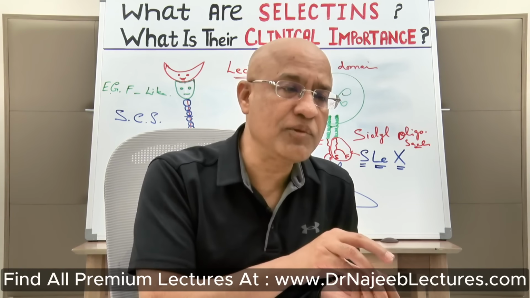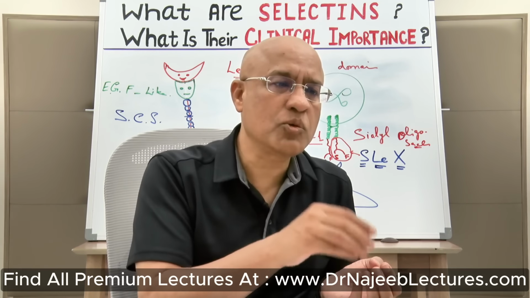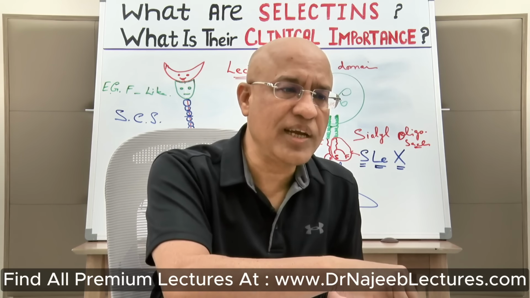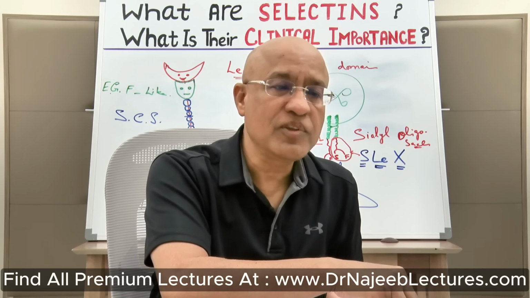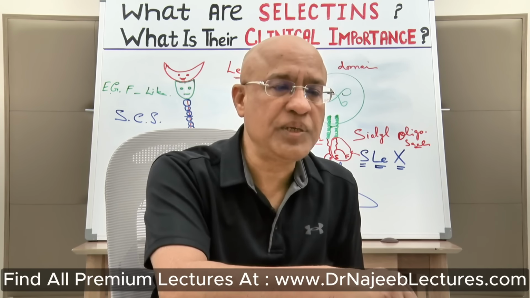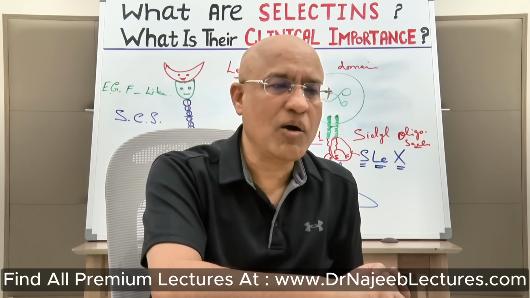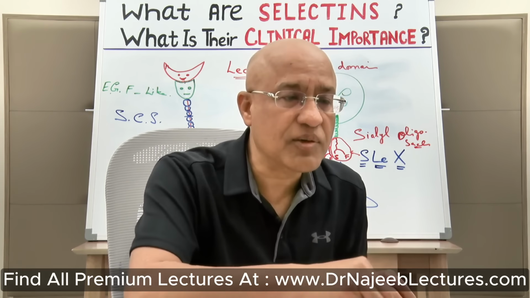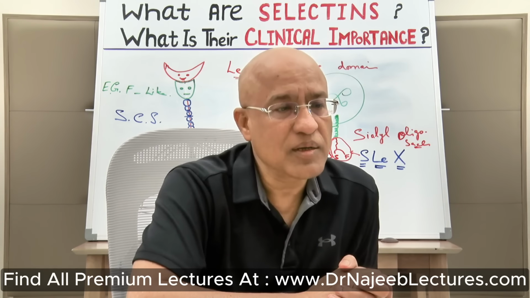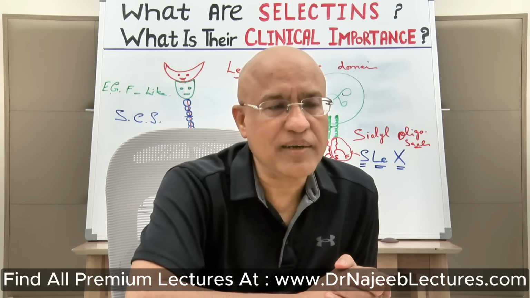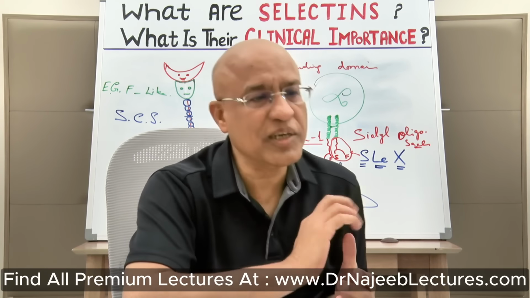Eventually, they will bind with integrins and then they will extravasate with the help of special molecules called PECAM or CD99, right? So these neutrophils extravasate. Is it good or bad? This is a very important question. What is happening in ischemic tissue?